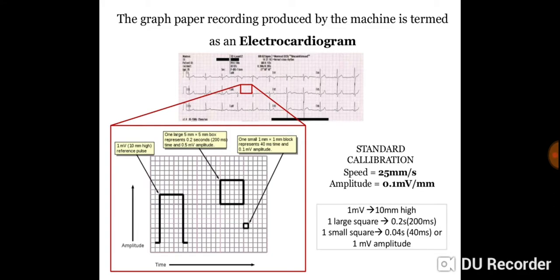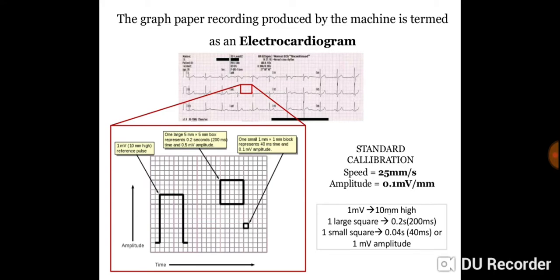You need to know right here below to the right side, one large square on the x-axis equals 0.2 seconds. One small square on the x-axis equals 0.04 seconds. So you've got the time on this axis, that is the x-axis, and on the y-axis you have 10 mm high.